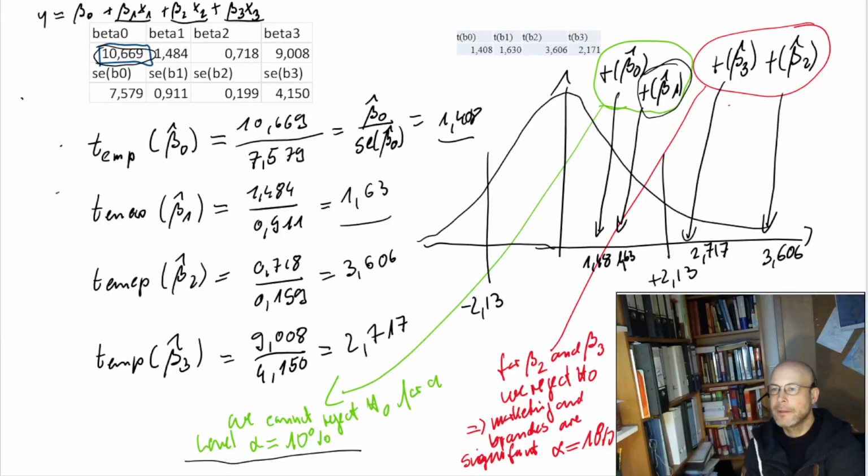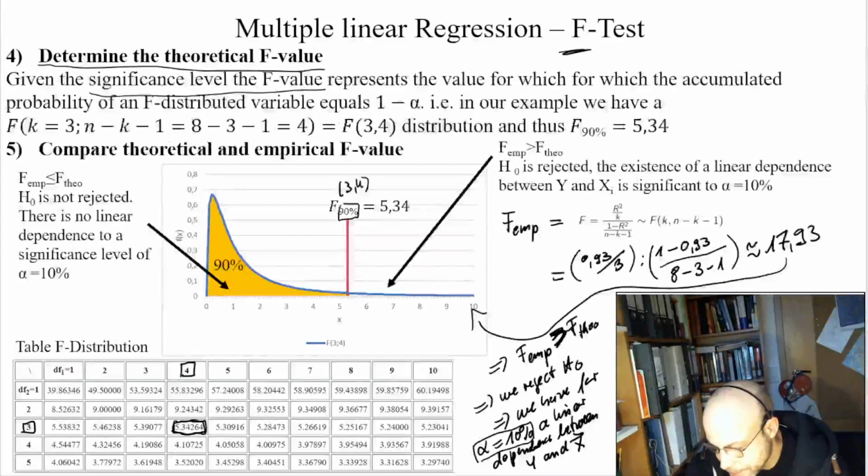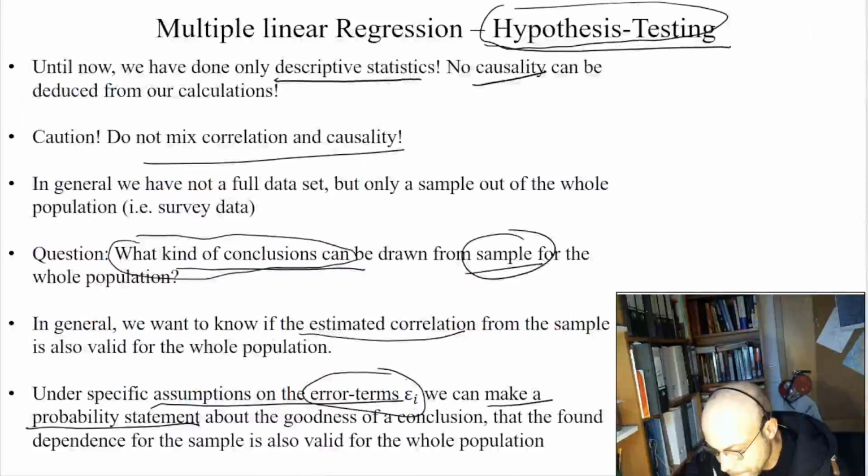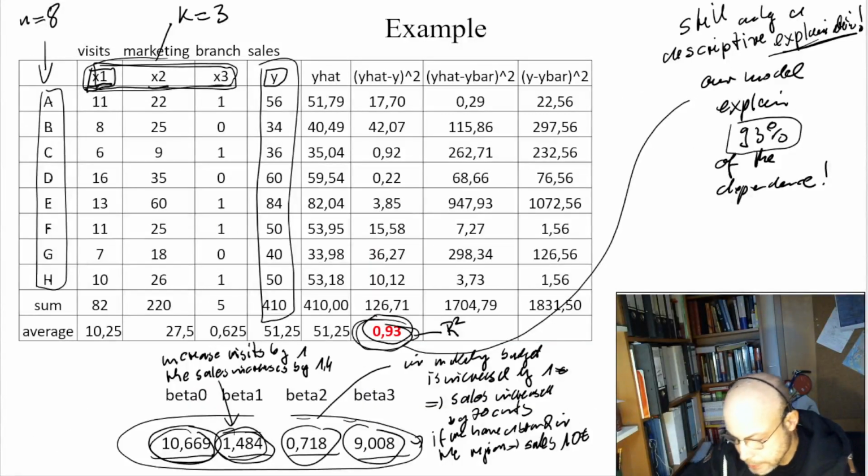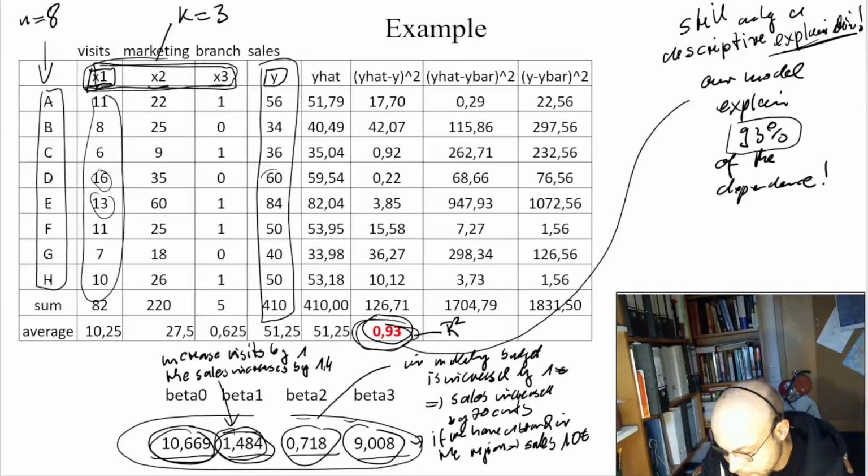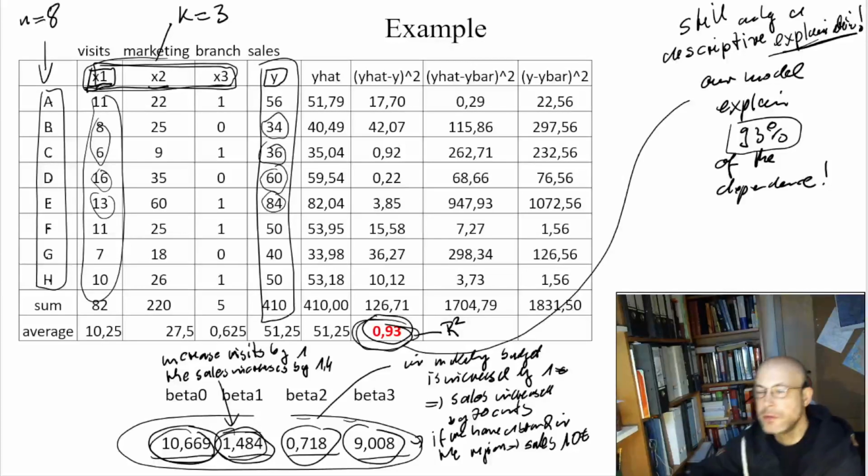Well, if I, for example, look at the data here, and more or less I can see if I make more visits, for example here for 16 and 13 I have sales volumes of 60 and 84, and if I have a very low number of visits I have only low sales volume.